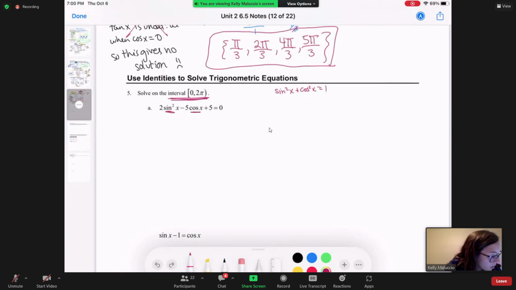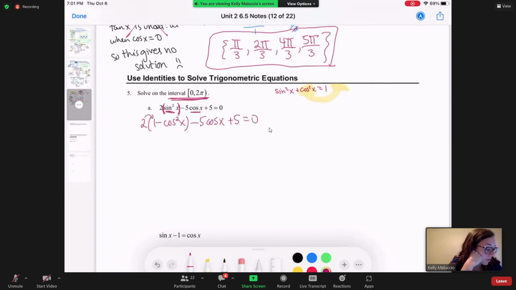Okay. So if I want to replace this sine squared to get cosine, I would just subtract the cosine over, right? I would just move this over to this side. So I'm going to say 1 minus cosine squared x, minus 5 cosine x plus 5 equals 0. Then I'm going to simplify this.